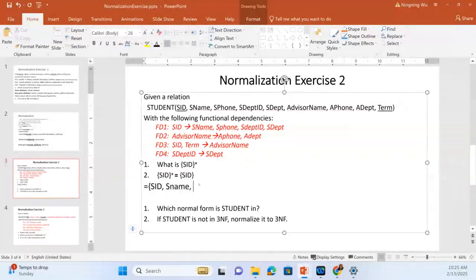So we're going to list all the dependents of FD1. So we have S name, S phone, SDPT ID, and SDPT. Okay, so we got this by using FD1.